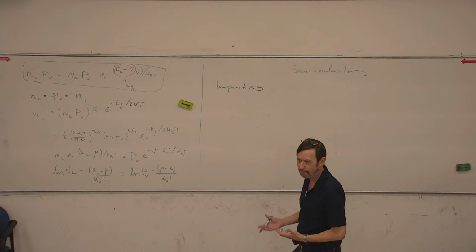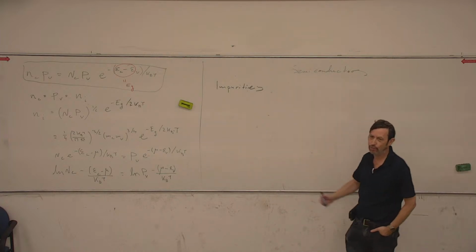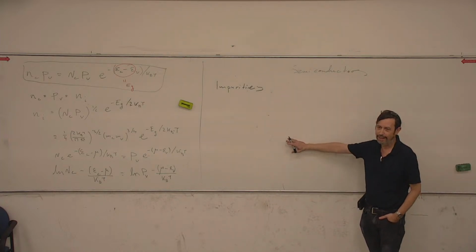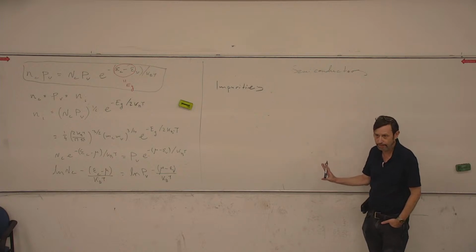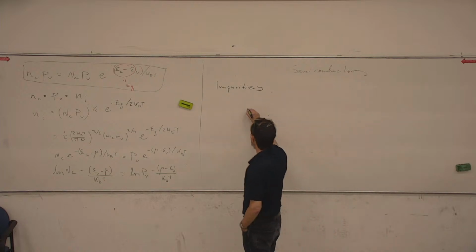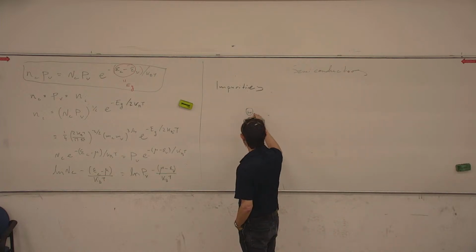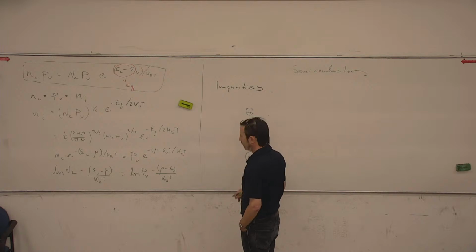I can't show you a diamond on the blackboard, so I'll just plot it as a simple cubic. Supposed to be close to an FCC, isn't it?